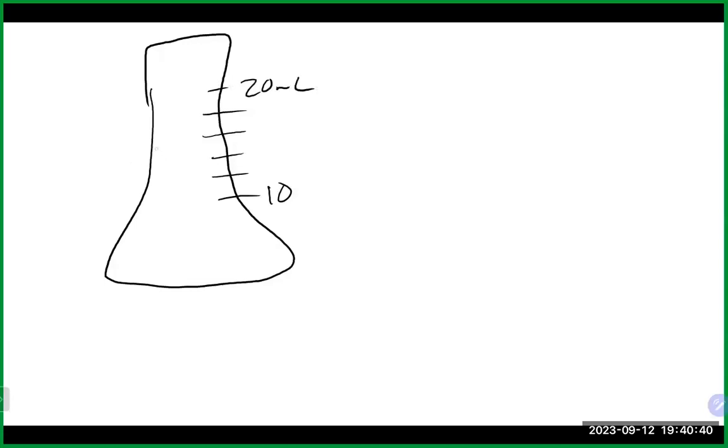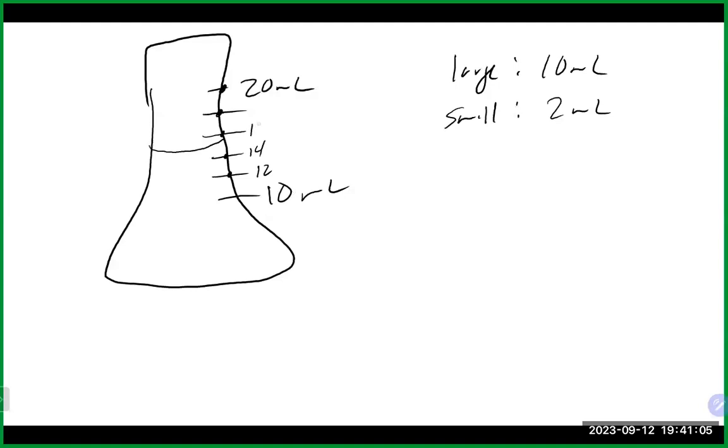And we'll put our meniscus somewhere in that ballpark. So in this case, our large marking is 10 milliliters. We now have 1, 2, 3, 4, and 5 markings between that. In this case, each of the small markings would then represent how much? 2 milliliters, right? So that's going to be a 12, a 14, a 16, and an 18.